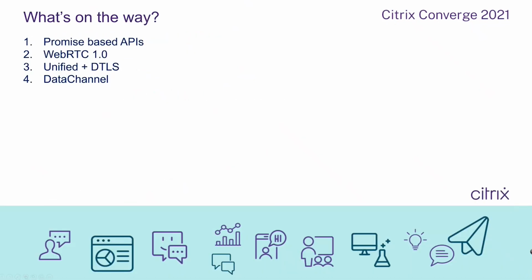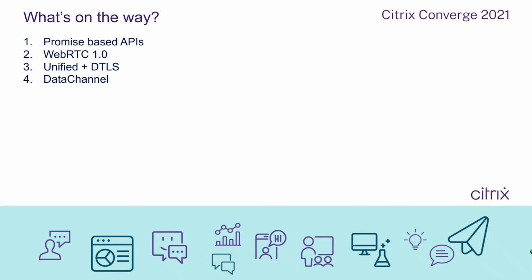Some of the upcoming perks are the promise-based APIs. Current existing SDK mostly is defined based on the synchronous methods, but promise-based APIs are on the way. And WebRTC 1.0 support is also coming. For example, add track, remove track, add transceiver, remove transceiver, and those related features are coming.